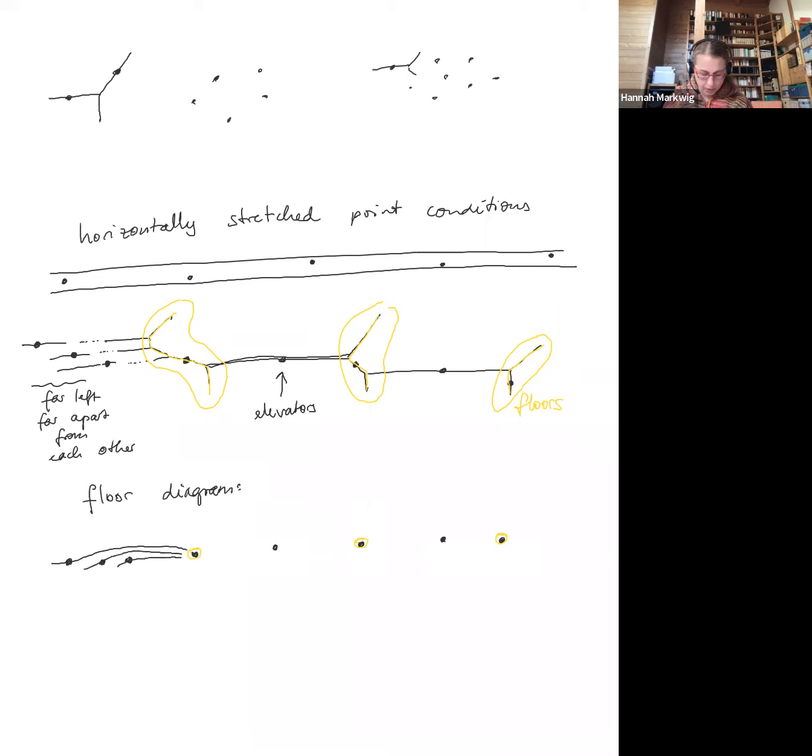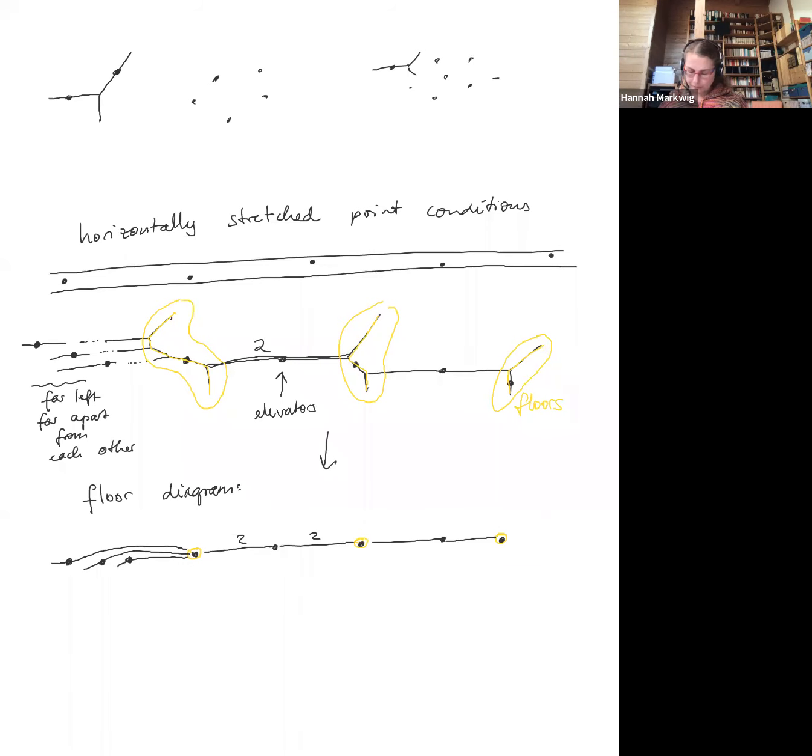I'm not drawing them as straight lines because after the projection they will all lie on top of each other and you can't see it. Oh, sorry, this is of course an edge of weight 2, and the weight is preserved. So this would be the floor diagram we obtain from this tropical curve by projecting the floors away.